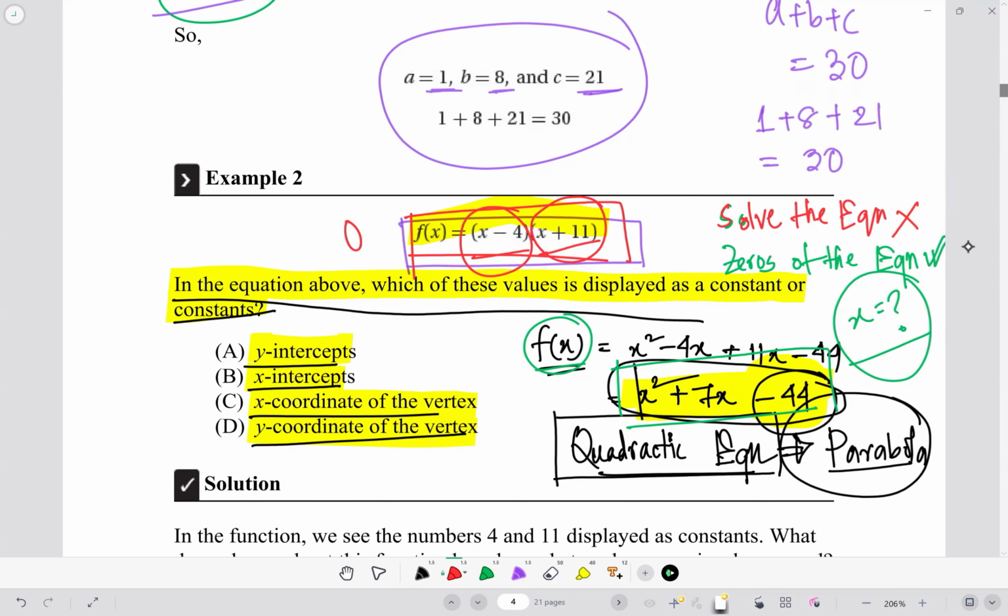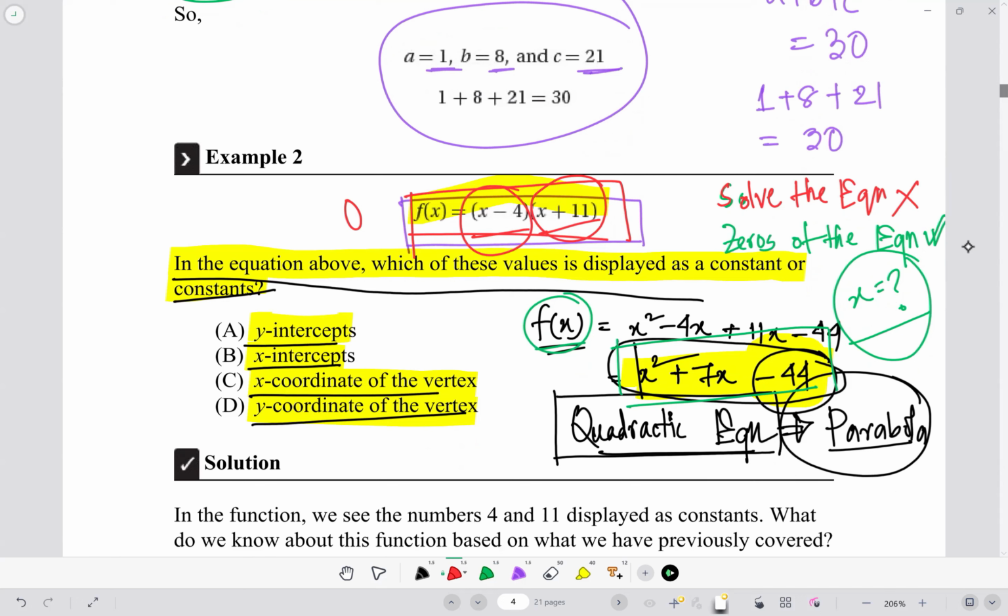If you multiply these two factors, you just get a polynomial, and the zeros of that polynomial would be the constants being represented.